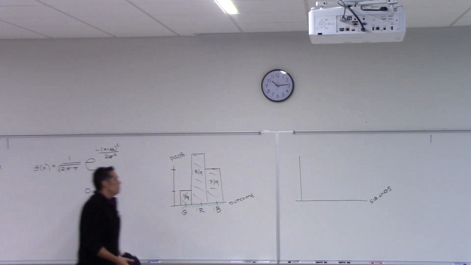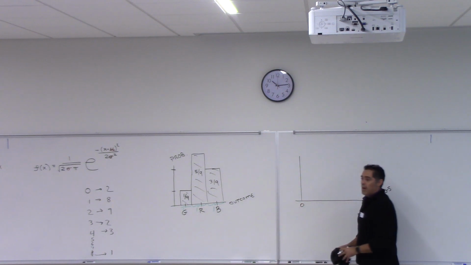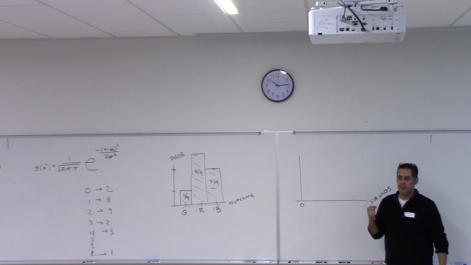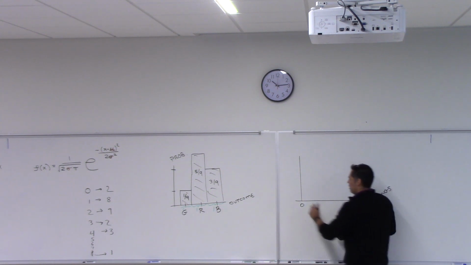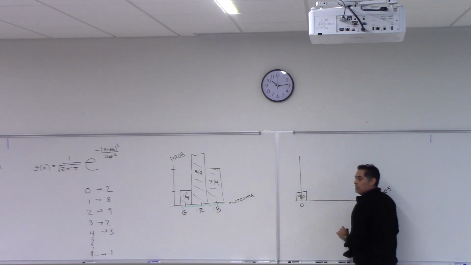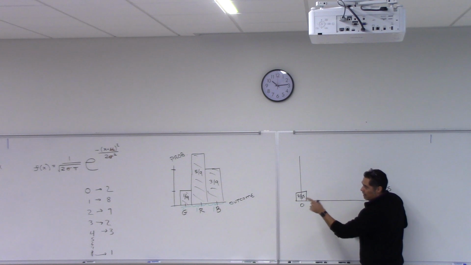Going off of this, what's the probability for this classroom? If I pick someone, what's the probability that they have no siblings? 2 out of 25. So I draw a rectangle, 2 out of 25. What's the probability of having one sibling? 8 out of 25.